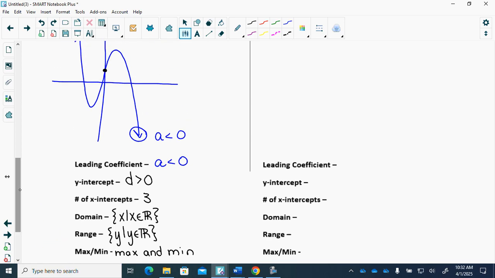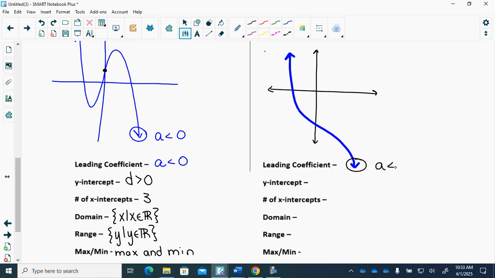Now another graph I could give would be like this. What can you tell me about the leading coefficient of this one? Why? And down on the right, so A is less than 0.